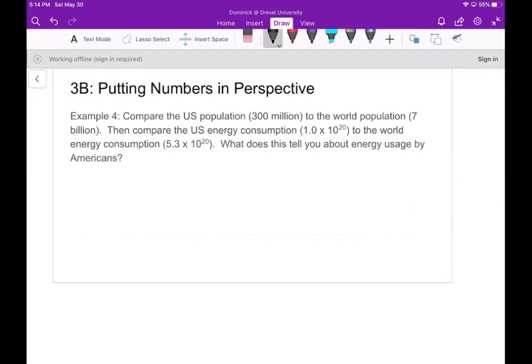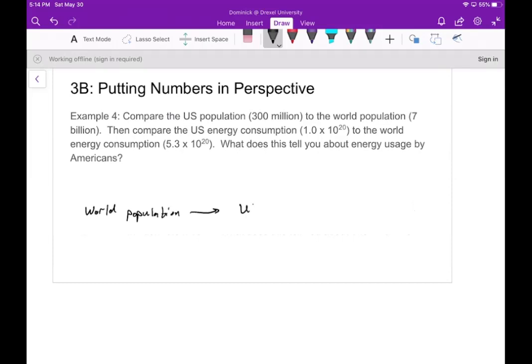So we want to compare the US population, which we're going to assume to be 300 million people, to the world population, 7 billion, right? So let's do that first. So for the world population, right?